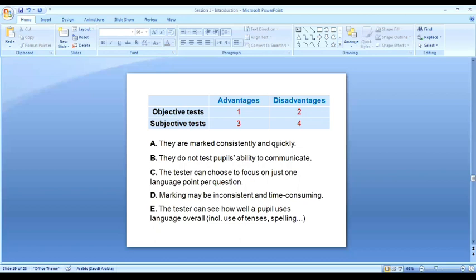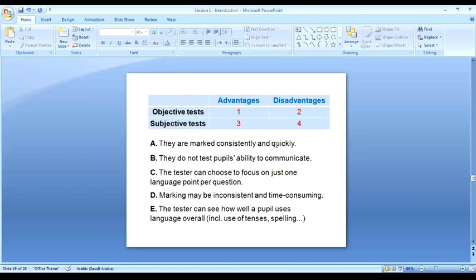Is this subjective or objective? Then you decide. Three: the tester can choose to focus on just one language point per question. D: marking may be inconsistent and time consuming. E: the tester can see how well a pupil uses language overall, for example, use of tense, spelling, punctuation, and so on.